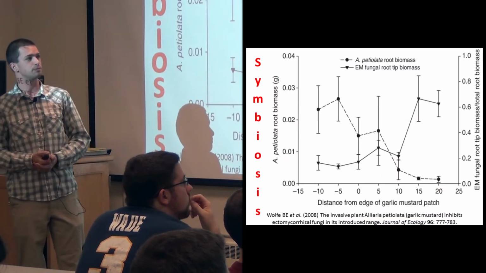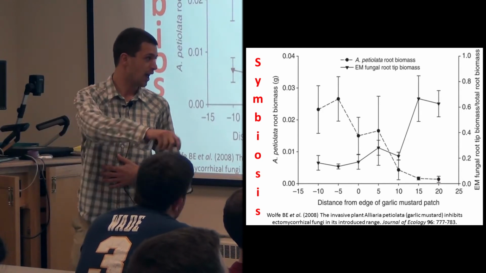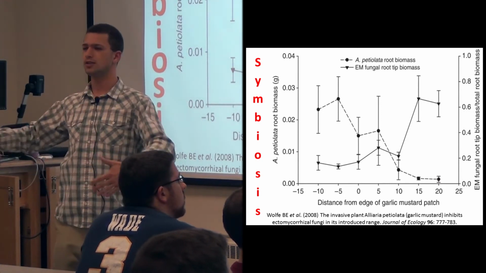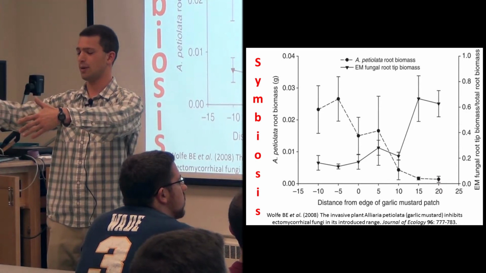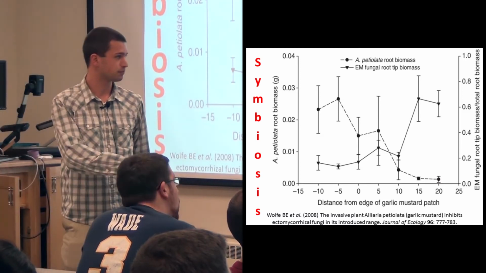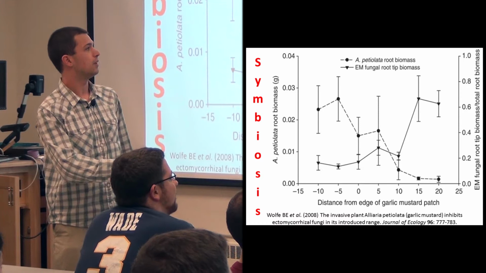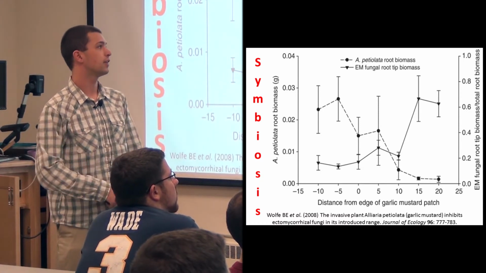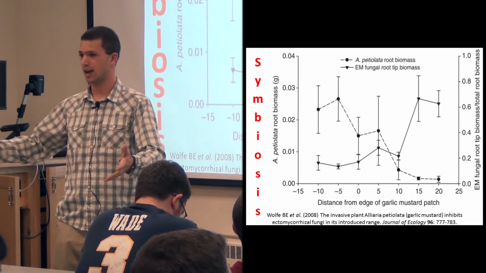We know these things. This one's a little more complicated, but you can simplify it pretty easily. The X-axis is distance from the edge of a patch of garlic mustard, which is an invasive species here in the United States. They come in clumps, and how far away from that clump you are is on the X-axis, where negative would be inside that clump. On one Y-axis we have root biomass for that clump of plants, that invasive species.